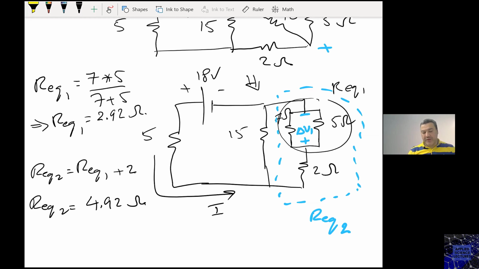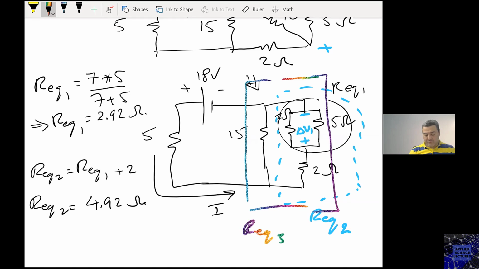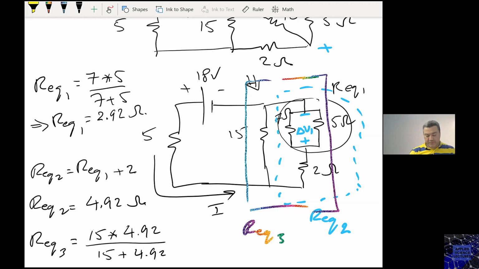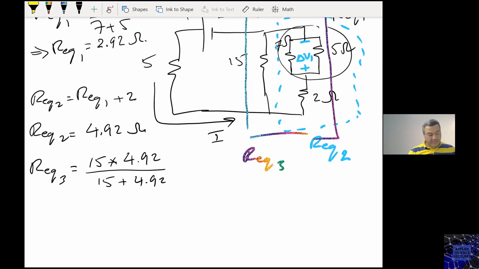And now R equivalent 3 would be R equivalent 2 in parallel with 15. Fifteen times 4.92 over 15 plus 4.92, right? Then this is R equivalent 3.